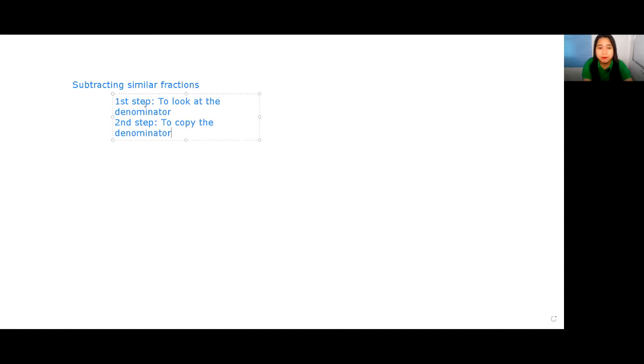And then the last step, the third step, is to subtract the numerator.